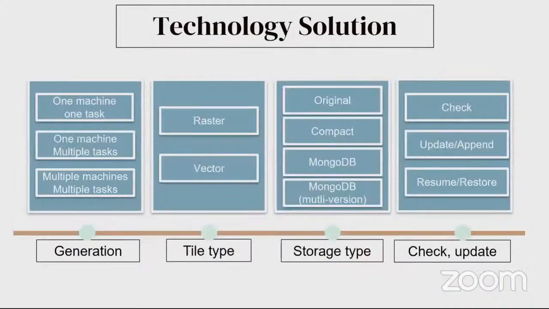Okay, so there are a few technology solutions for the map tiles, where we can do multiple machines with multiple tasks, or one machine with one task, or even one machine can do multiple tasks. The tile type can either be raster or vector, and the map task can be stored either in original, compact, or in MongoDB database or MongoDB multi-version database.